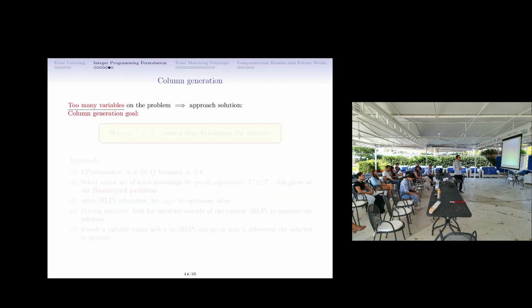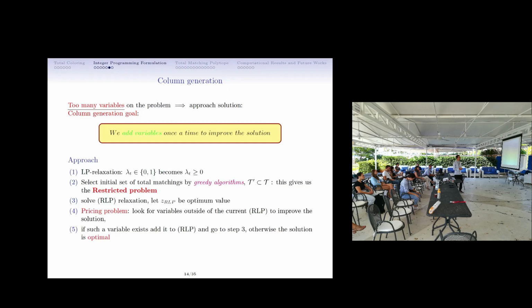Since the number of variables is huge in this type of model, we can use column generation, so we add variables one at a time in order to improve our current solution. The approach is this one.